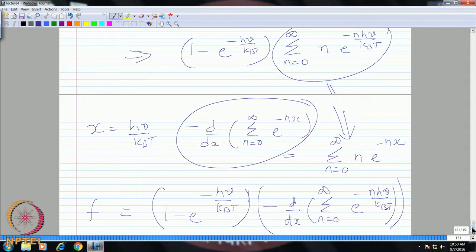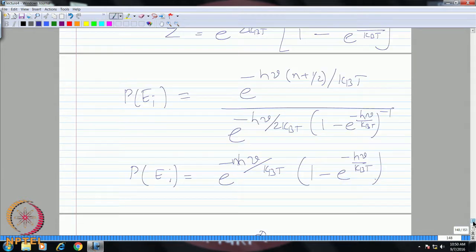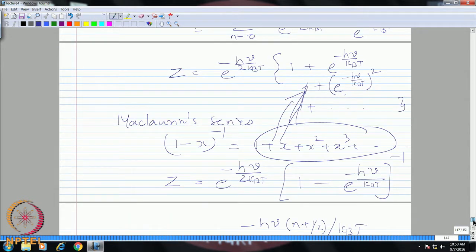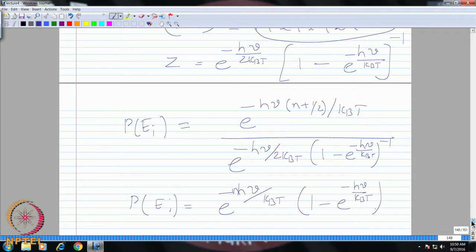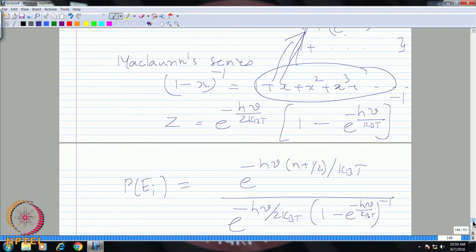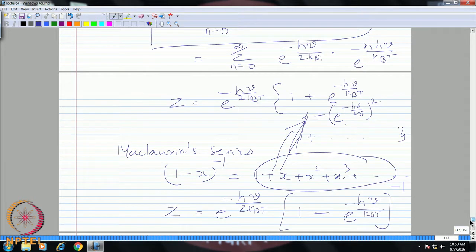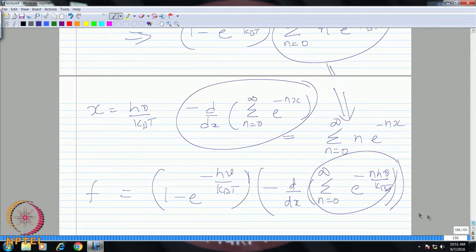So, now the summation of this from 0 to infinity of e power minus n h nu, again coming back to how we did with this Maclaurin series, this entire summation of these terms is 1 plus e power minus h nu by k b t plus this square plus this. So, this is nothing but Maclaurin series (1 minus x) to the power minus 1. So, the same thing can be applied again to this summation term.